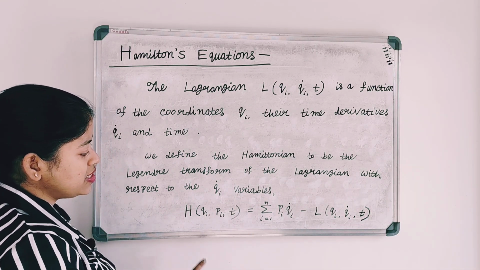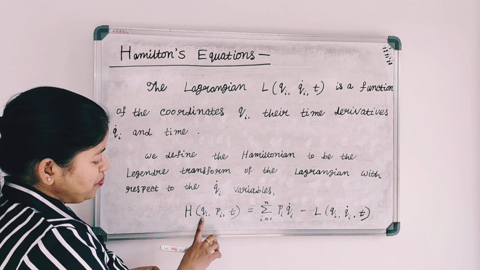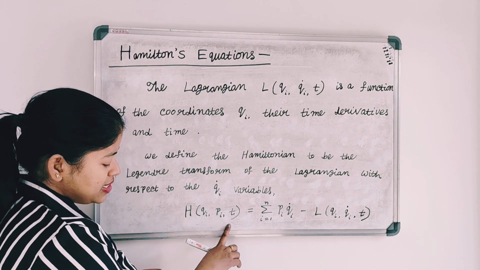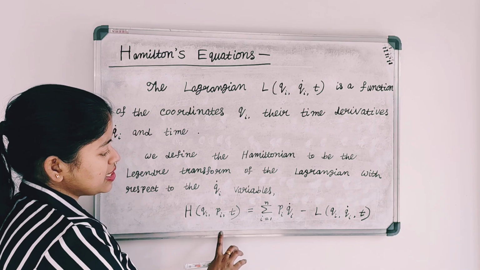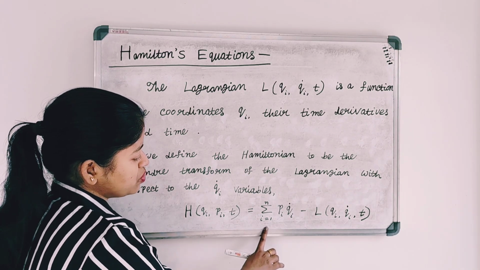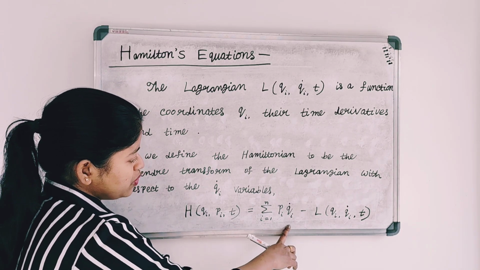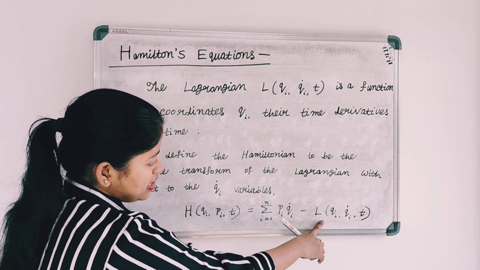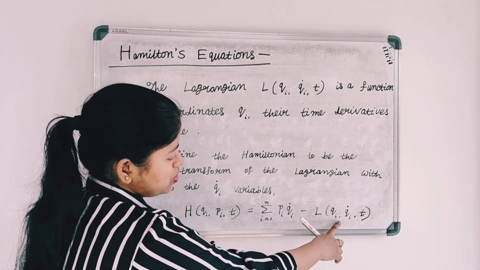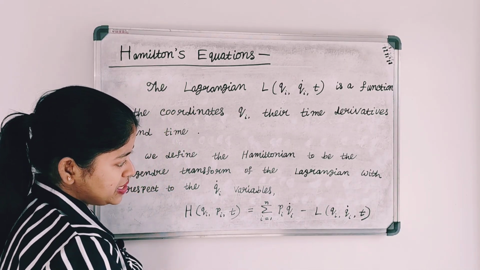So we can write H in terms of qi, pi and t, which is a function of qi, pi and t. We can write H in this way: H is equal to the summation of pi qi dot, i equals 1 to n, minus L, which is also a function of qi dot and time t.